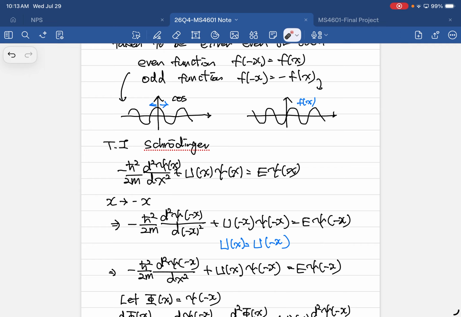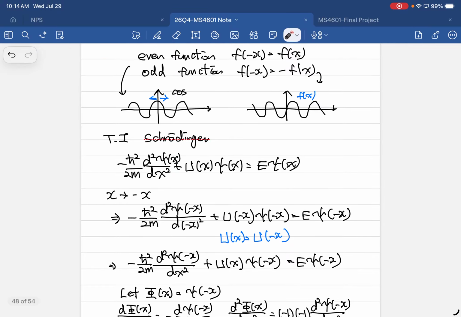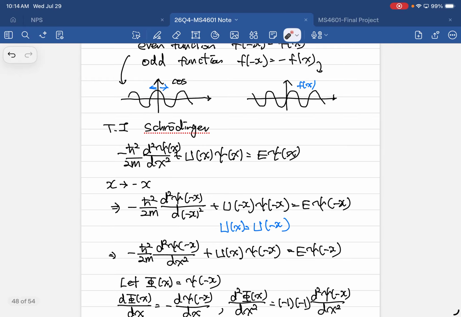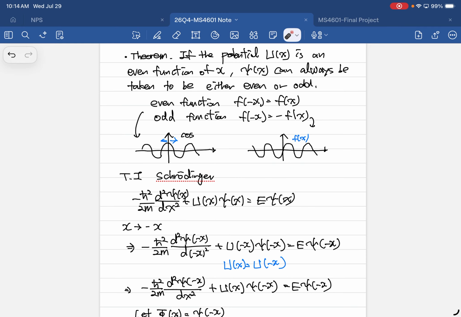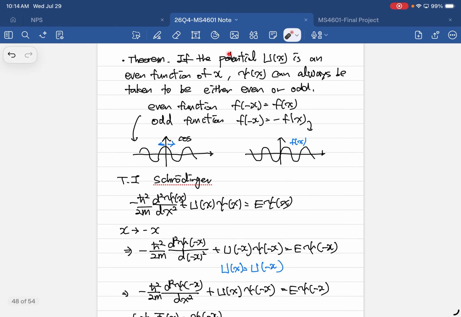And then here, we are replacing x with negative x. Okay, so we are just substituting. With that, we can rewrite it this way. And remember, our assumption here is that the potential is an even function, right? So basically, we are following this definition. If we satisfy this condition, that means it's an even function.